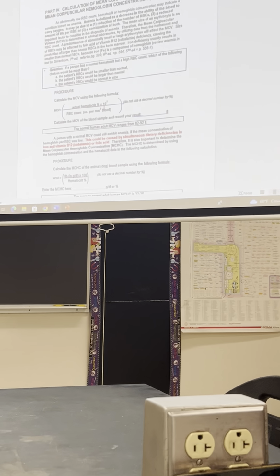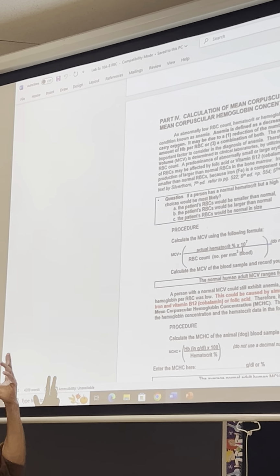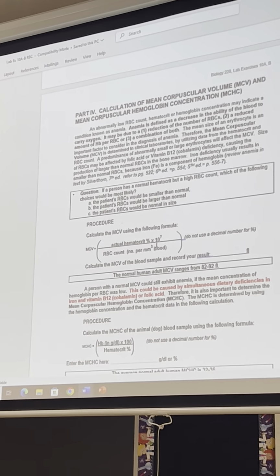I will give you the hematocrit, the red blood cell count, and the hemoglobin. I'm going to give you those 3 values. You're going to have to calculate MCV by putting them in, so you're going to have to memorize these equations for that test.